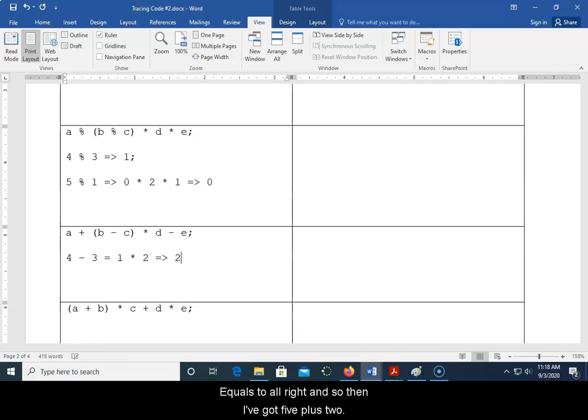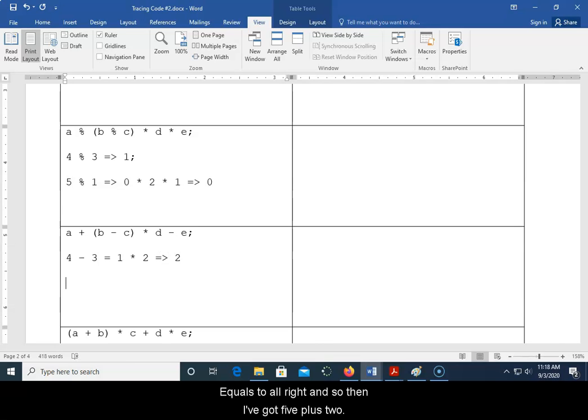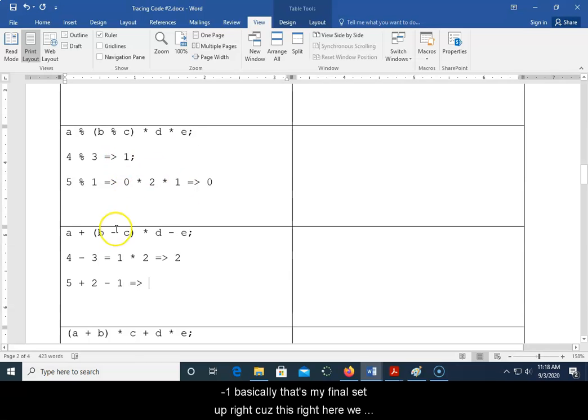Alright, and so then I've got 5 plus 2 minus 1, basically. That's my final setup, right? Because this right here, we did this, that gives us 1. 1 times 2 is 2. So I've got 5 plus, the value of this is 2, right there, minus e, which is 1. So 5 plus 2 is 7, minus 1 is 6.